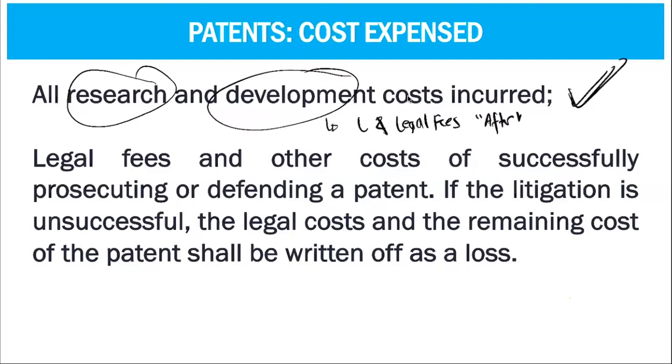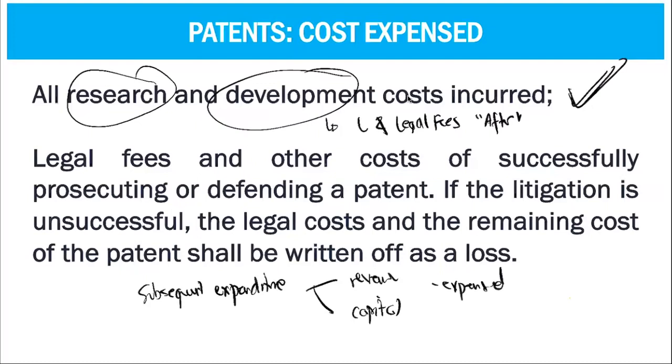Next, we need to look at your subsequent expenditure. Remember, we learned before in our previous discussion that your subsequent expenditure can be classified as either a revenue expenditure or a capital expenditure. And when we say revenue expenditure, it must be expense. And when it is a capital expenditure, it must be capitalized. Okay?